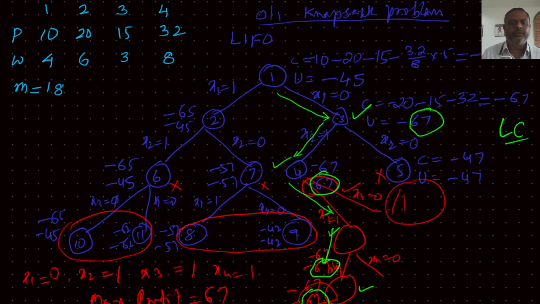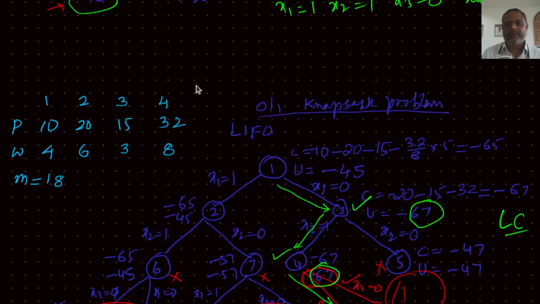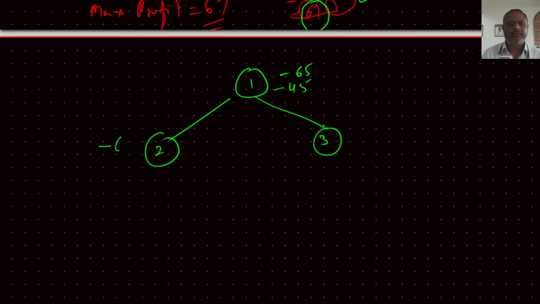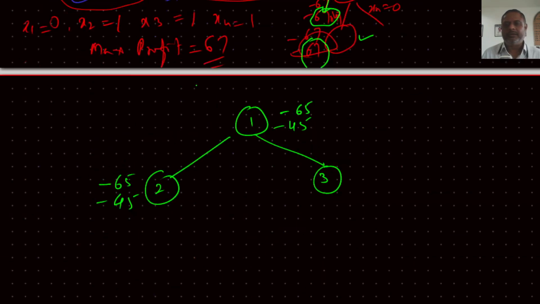So if you want, we can just take one final look at that. So that is 1, that is minus 65, minus 45. Then we get to 2 and 3. This is minus 65, minus 45, and 3 was minus 67.